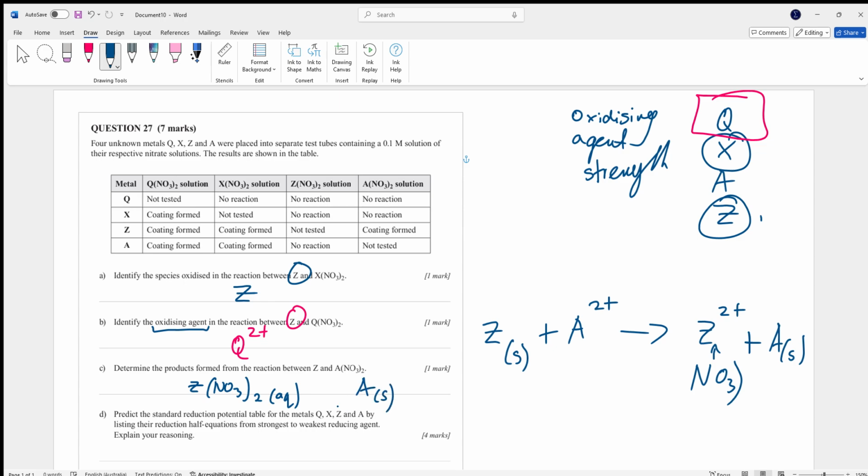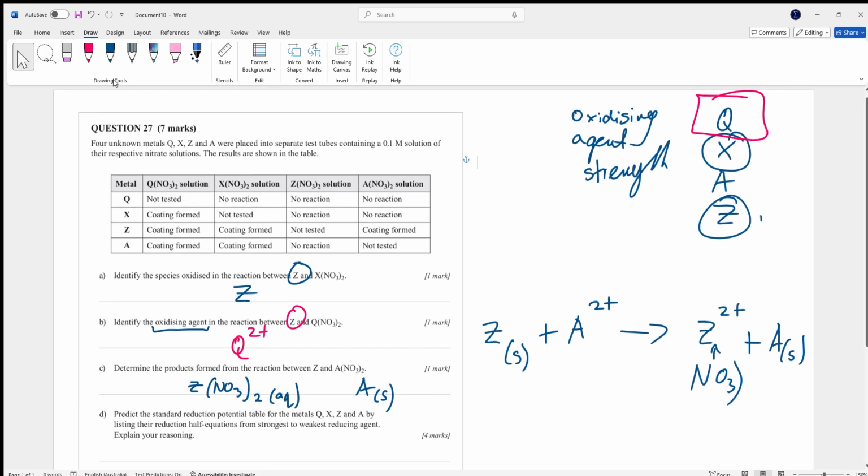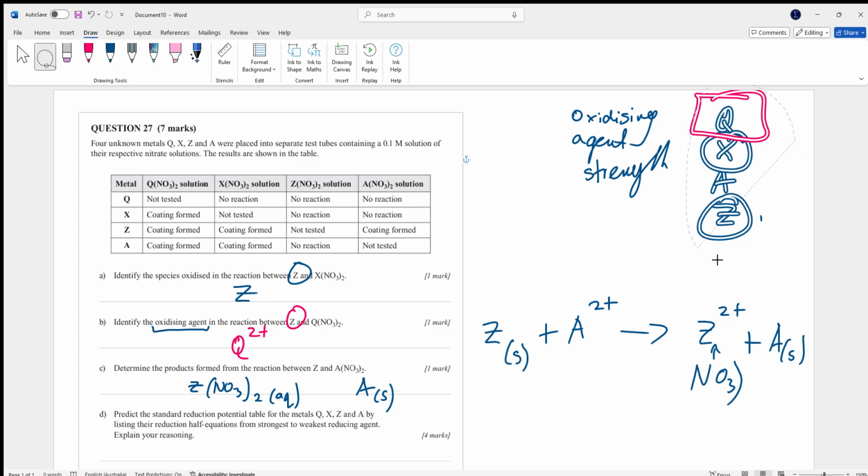D. Predict the standard reduction potential table for the metals Q, X, Z, and A by listing their reduction half equations from strongest to weakest reducing agent. Explain your reasoning. Well, we've kind of already done that up here, but let's further examine this.